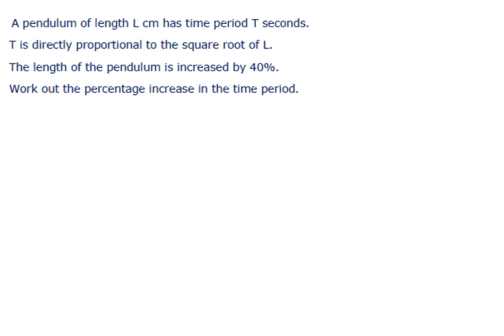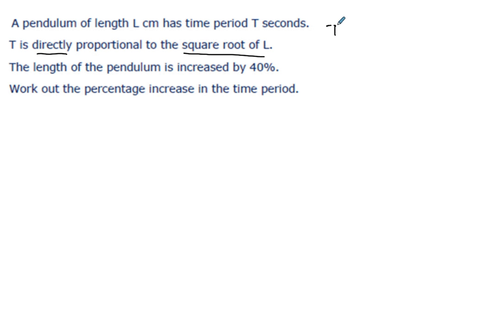Okay, a pendulum of length L has time period T seconds. T is directly proportional to the square root of L. Okay, so as soon as I've read that, can you see sometimes there can be so many words, but all you're picking up is just directly proportional and square root. Yeah?